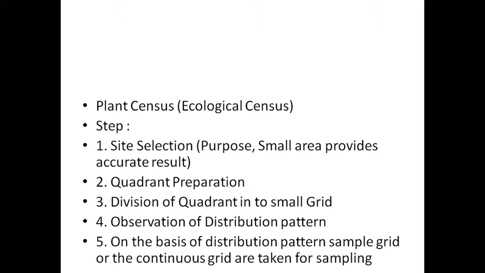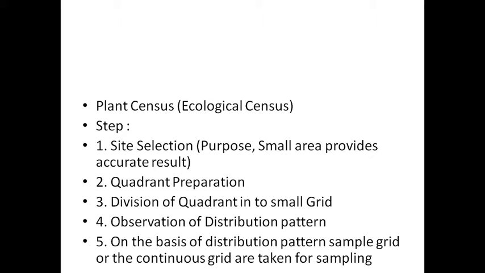Two things are very important here. The criteria for selection of the area depend on purpose, and second, a small area provides a more accurate result related to plant diversity. For the selection of the sites, you can take help of topographical sheets, or the local map, or you can straightaway go to a park or your own garden.